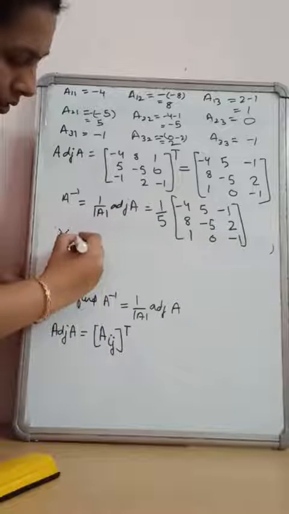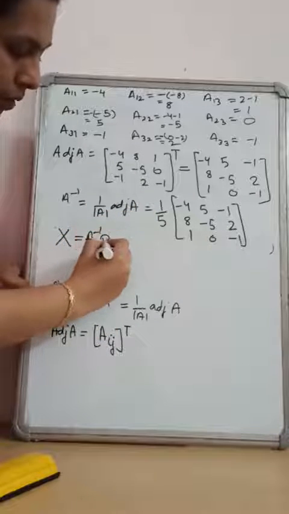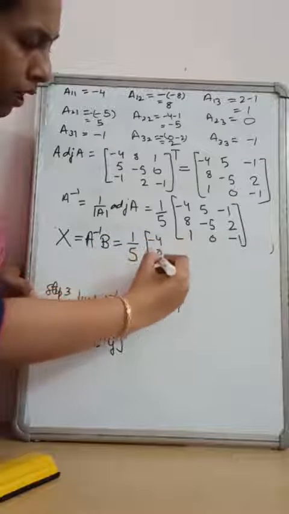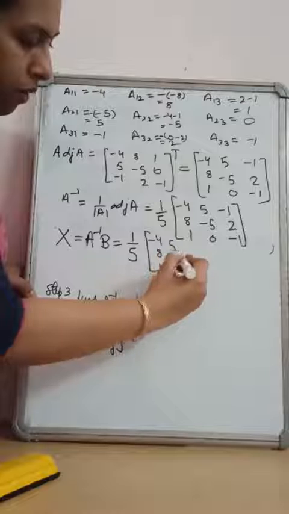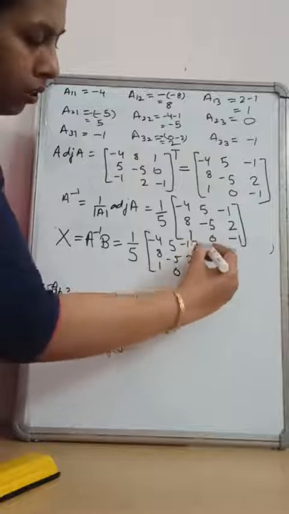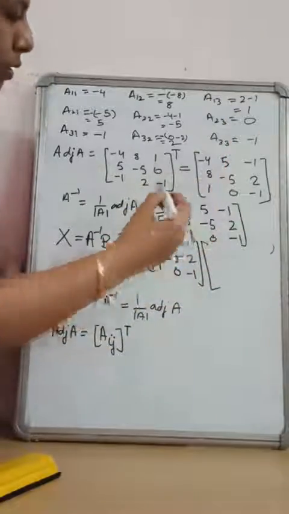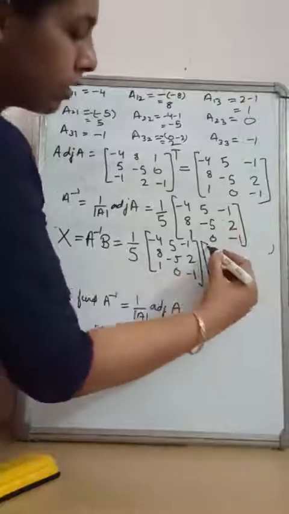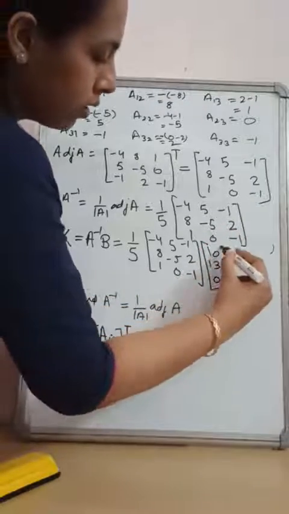Now last step, X is A inverse B. You substitute A inverse, 1 upon 5 into the matrix -4 5 -1 8 -5 2 1 0 -1. Then your B matrix, the entries in the B matrix were 10, 13, 0.